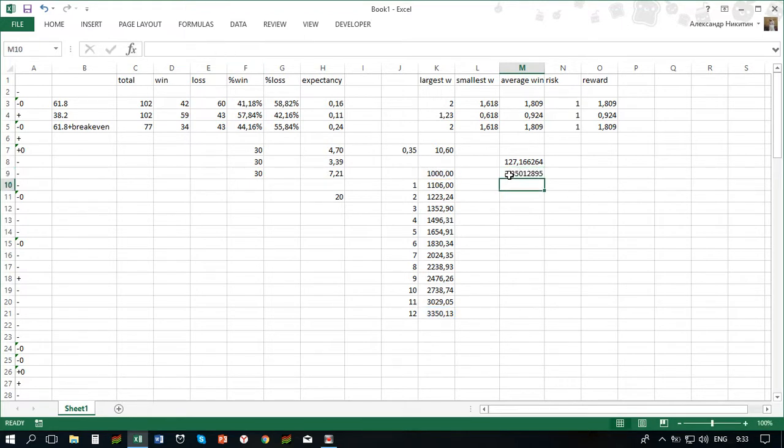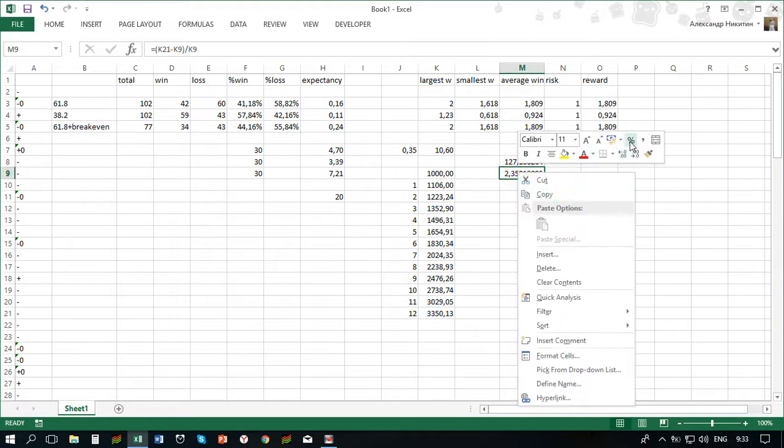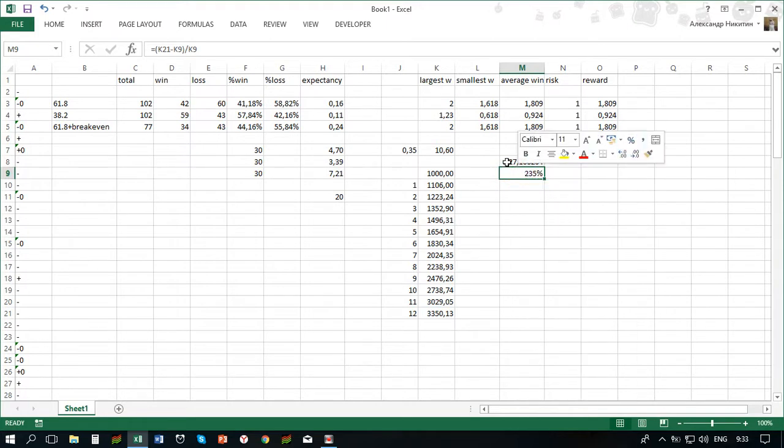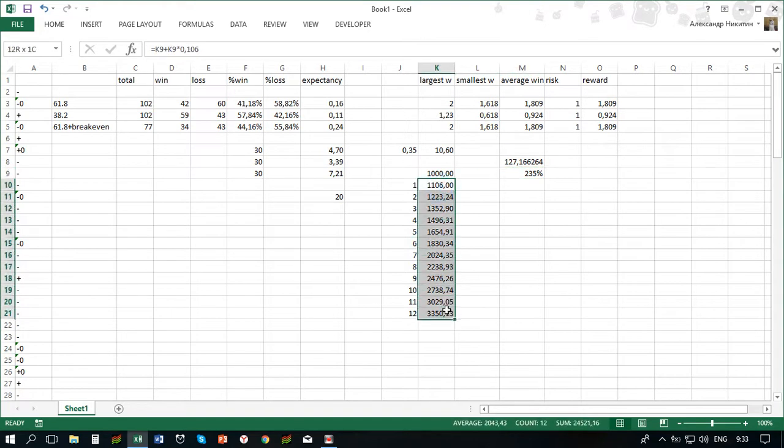So this is your amount of that. You see? Not 127, but 235. Because of percentages. Increasing your amount every time. If you use 1%.